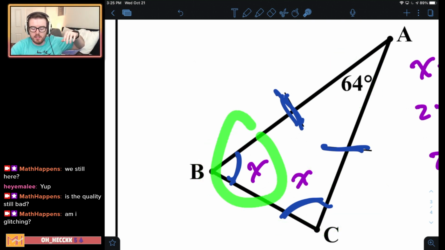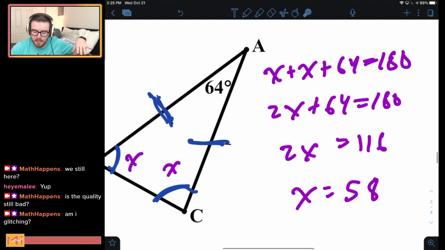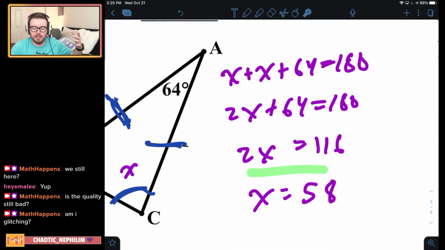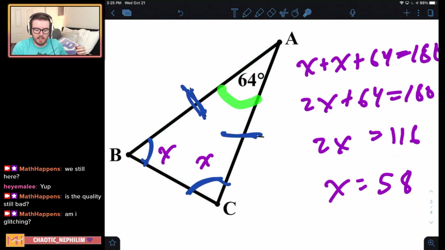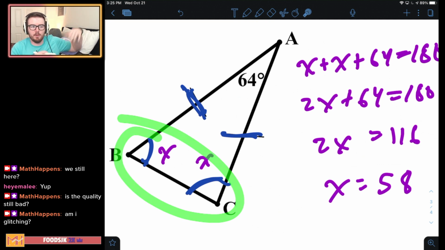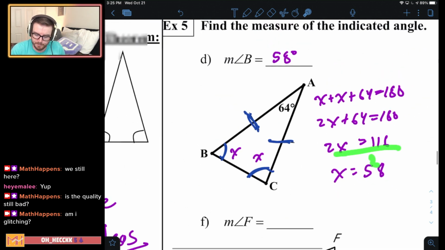Well, if the two are the same, you've got to split that 116 in half, aka divide by 2. That's the logic. I know this adds to 180. This bit is 64, so the rest of it has to be 116. If those two things are the same, just split it in half by dividing by 2.